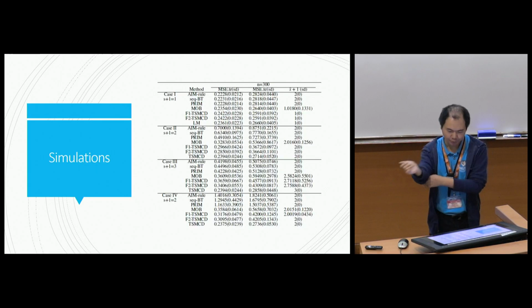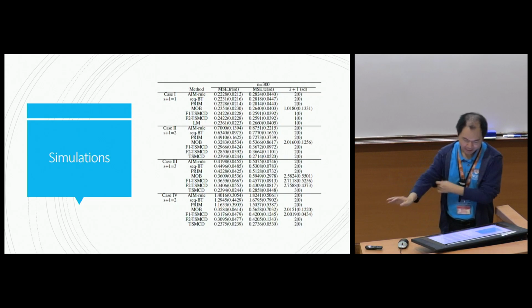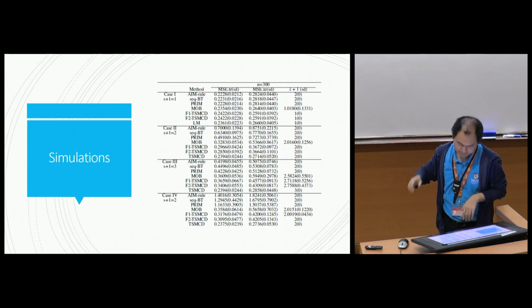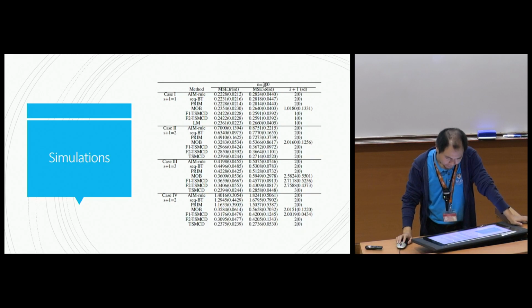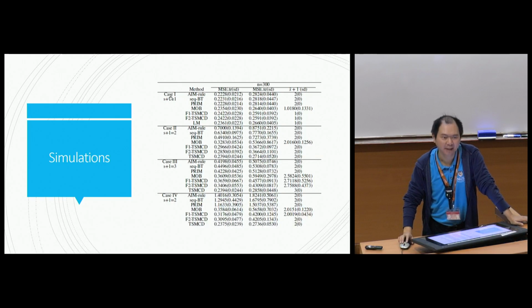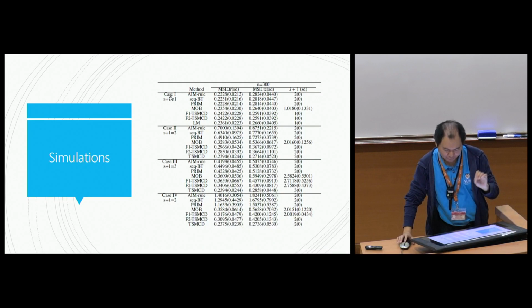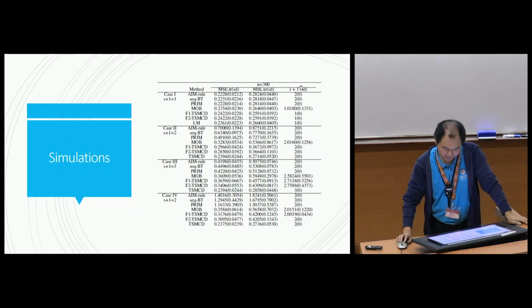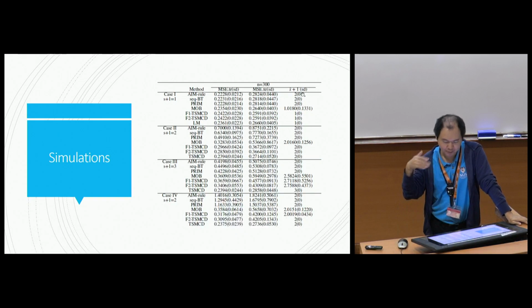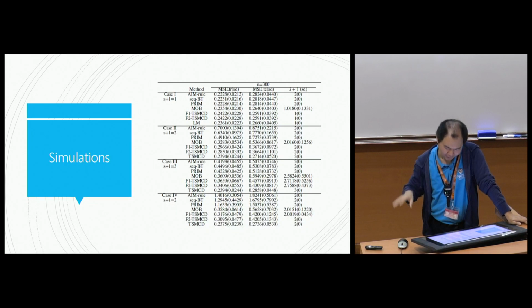I didn't show you all the simulation results. I just selected one piece where the total sample size is 300. In the first case, we have no subgroup, so the number of change points should be 0. There shouldn't be any change point. If you look at the last column, this is where we report how many subgroups you identified on average.